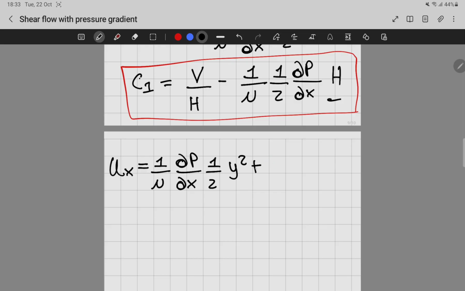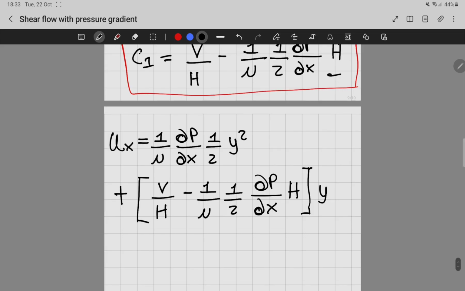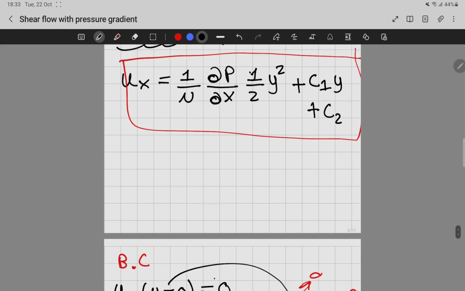So I'm going to include it at the bottom. And then all of this multiplied by y, because it's here.